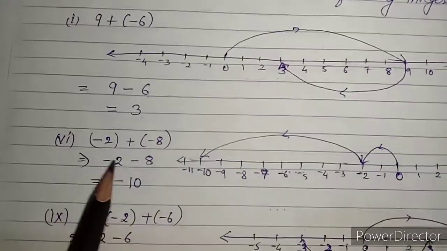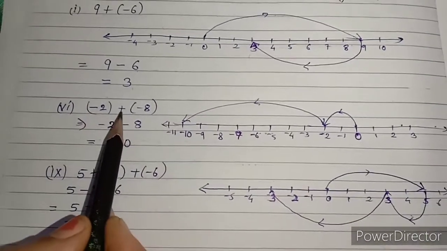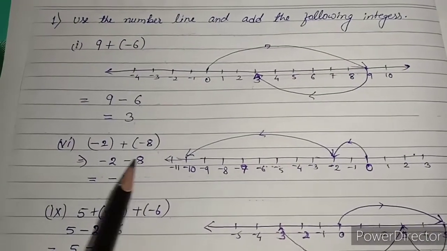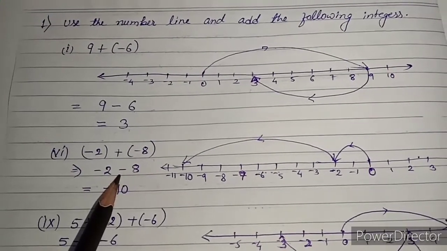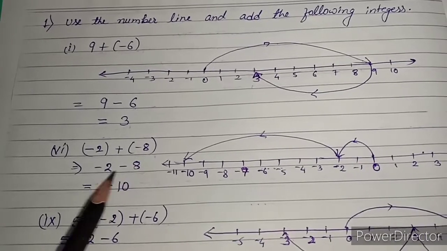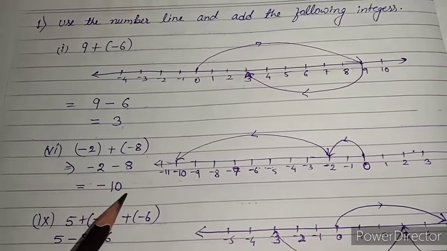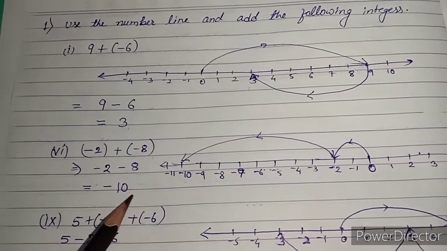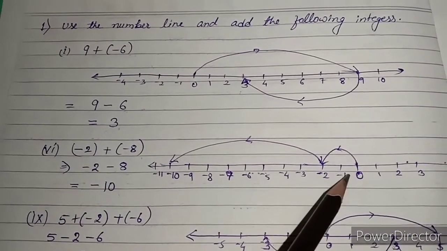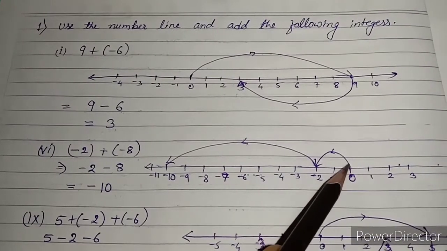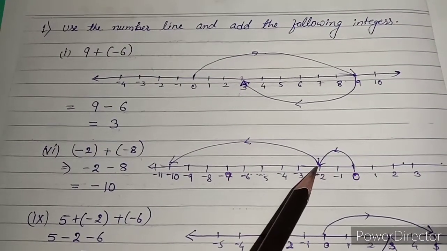Next question you can see here, -2 is added to -8. So when you remove the bracket, that is -2 and plus into minus is -8. And both are negative. So you will get the sum as -10. On the number line, first you have to move from 0 to -2, as it is represented here.